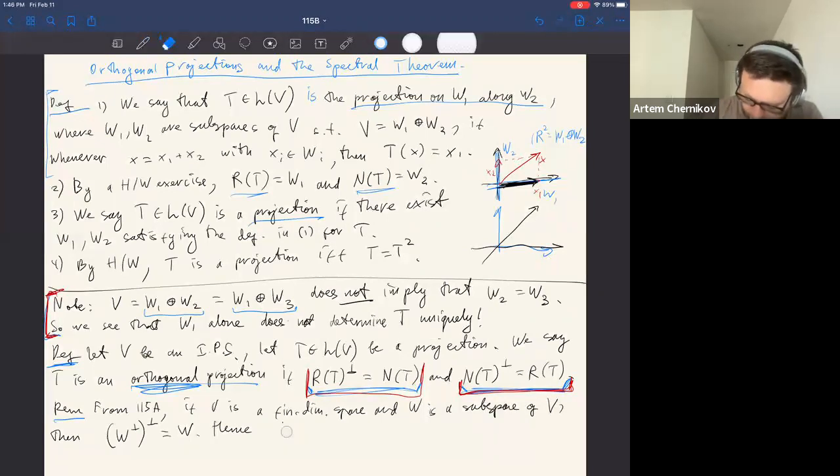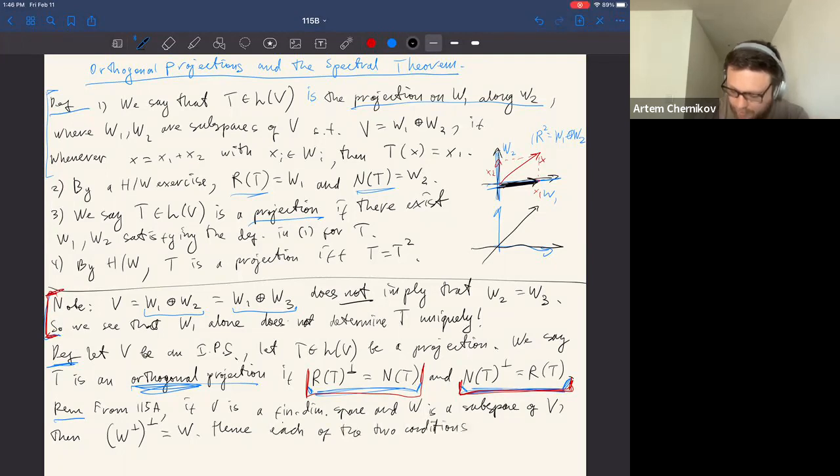Okay. Hence, what it tells us is that each of the two conditions in the definition of the orthogonal projection already implies the other one.